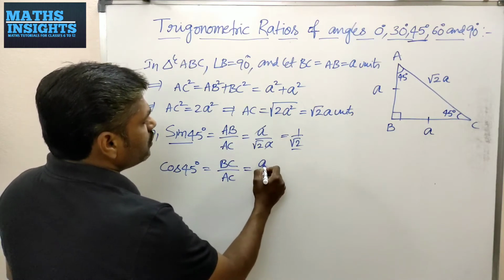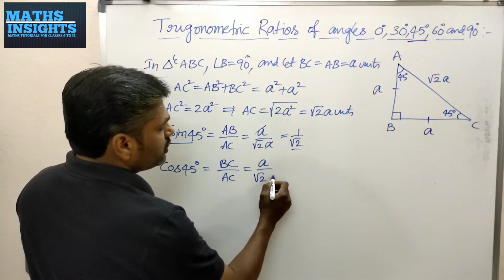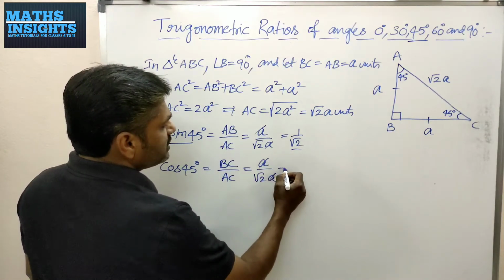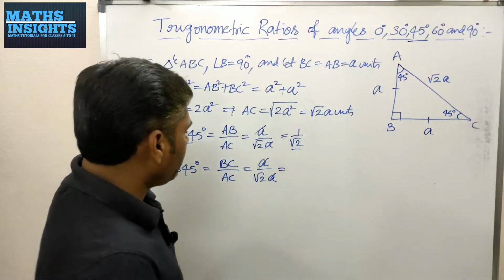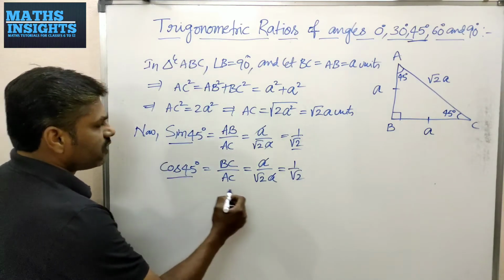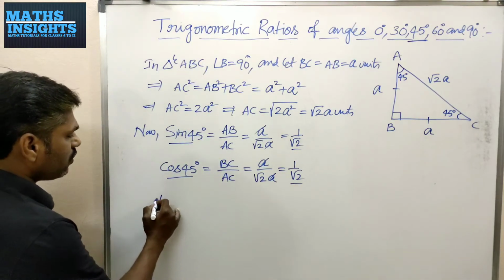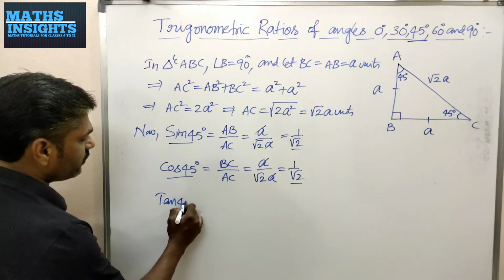BC value is also A and AC value is root 2 into A. Again if you cancel A and A, you will get 1 by root 2. Therefore cos 45 is also 1 by root 2.